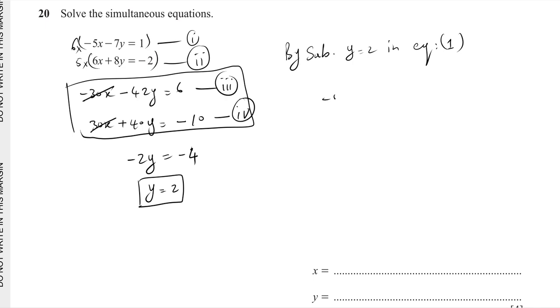We got negative 5x minus 7 times 2 equals 1.